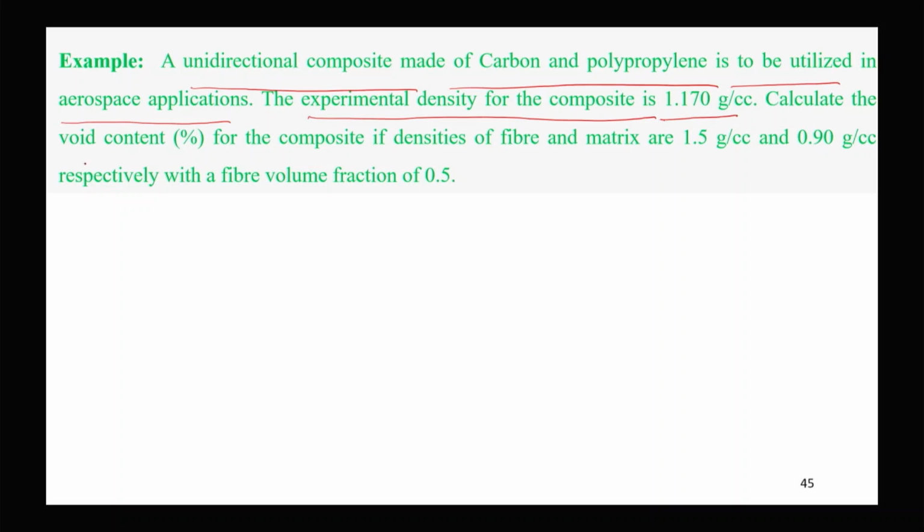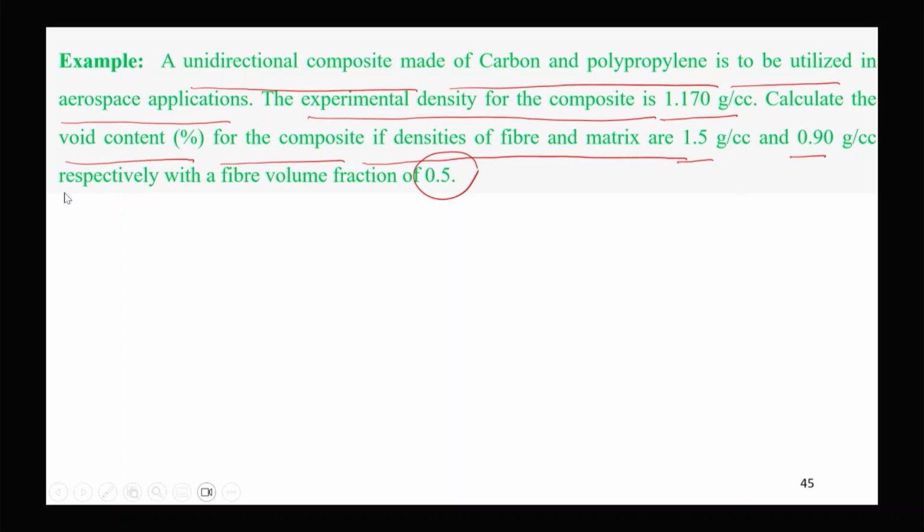Calculate the void content percent for the composite if the densities of fiber and matrix are 1.5 gram per cc and 0.9 gram per cc respectively, with a fiber volume fraction 0.5. That means fiber volume fraction 0.5 means matrix volume fraction will also be 0.5. So here we have to calculate the void content percent.